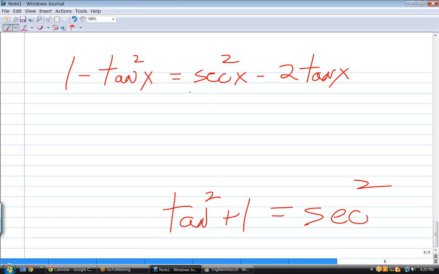So either I can mess with the right side and turn that into tan squared plus 1, or I can mess with the left side and turn that into secant squared minus 1. All right. That's what I would do. Let's just keep messing with the left side. So I have 1 minus the quantity secant squared minus 1.